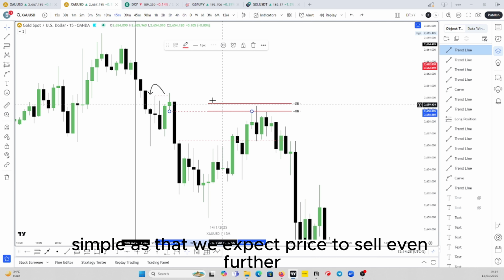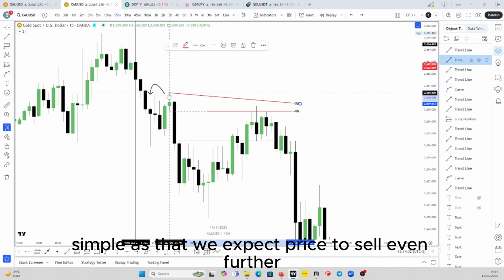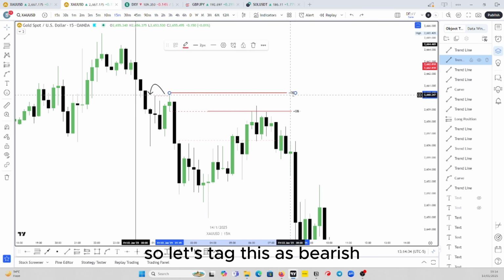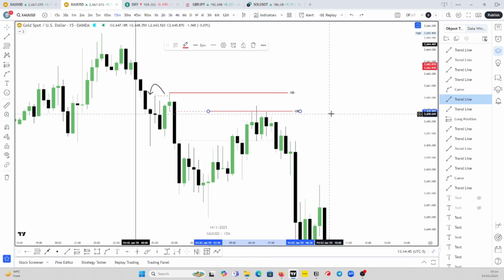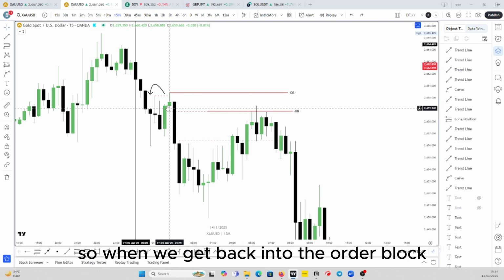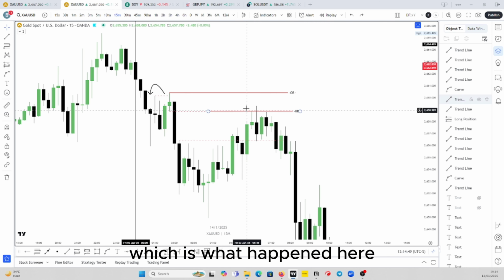Okay, simple as that. We expect price to sell even further. So let's tag this as bearish. Right. So when we get back into the order block, we expect price to sell off, which is what happened here.